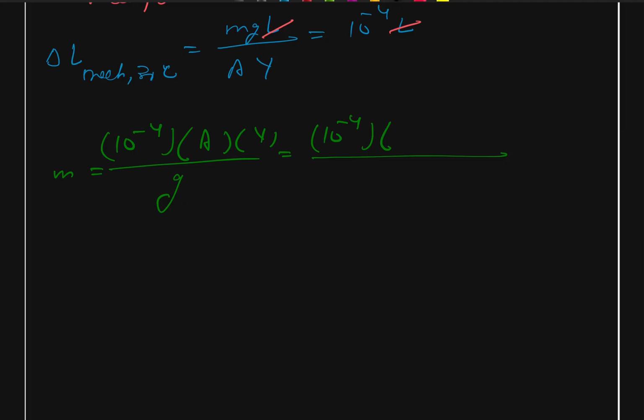So we get this as pi times 10 raised to power 5, and g is, suppose, 9.8.